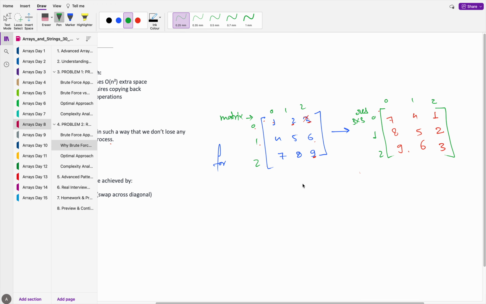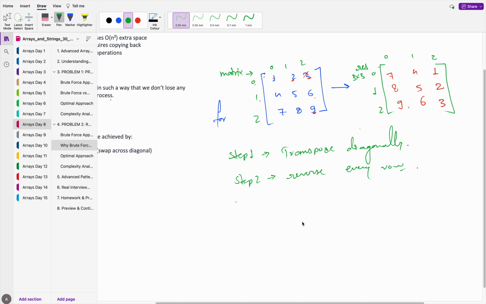So some mathematical observation is transposing it. Step one, transpose diagonally, and then reverse every row. So ट्रांसपोज डायगोनल क्या होता है, डायगोनली आइटम्स जो होते हैं स्वैप हो जाते हैं.